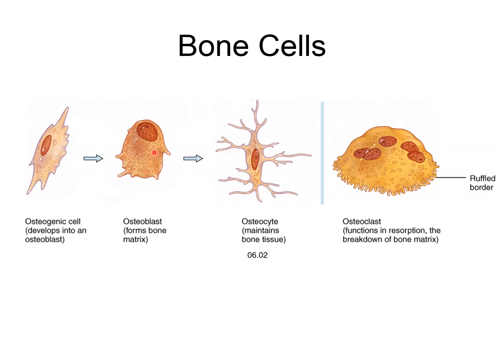When these cells get trapped in the calcium, they are now maturing. They are called osteocytes. The osteocytes are the most prevalent cells that are surrounded by bone matrix.